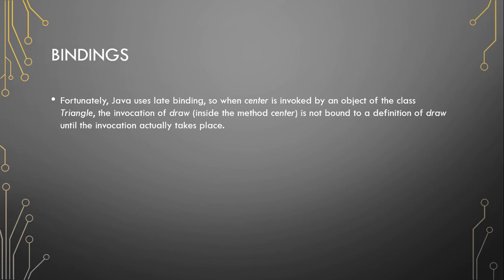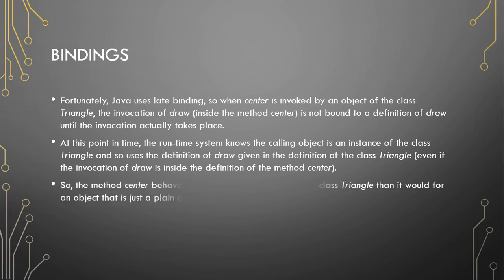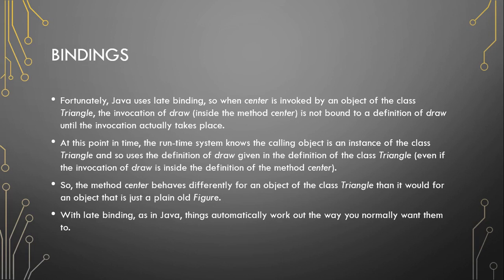At this point in time, the runtime system knows the calling object is an instance of the class triangle, and so it uses the definition of draw given in the definition of the class triangle, even if the invocation of draw is inside the definition of the method center. So the method center behaves differently for an object of the class triangle than it would for an object that is just a plain old figure. With late binding, as in Java, things automatically work out the way you normally want them to. So it's pretty nice.